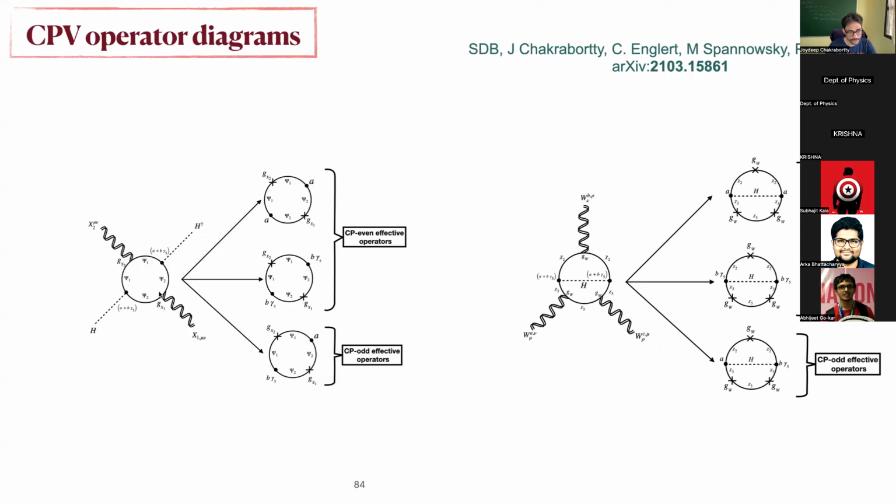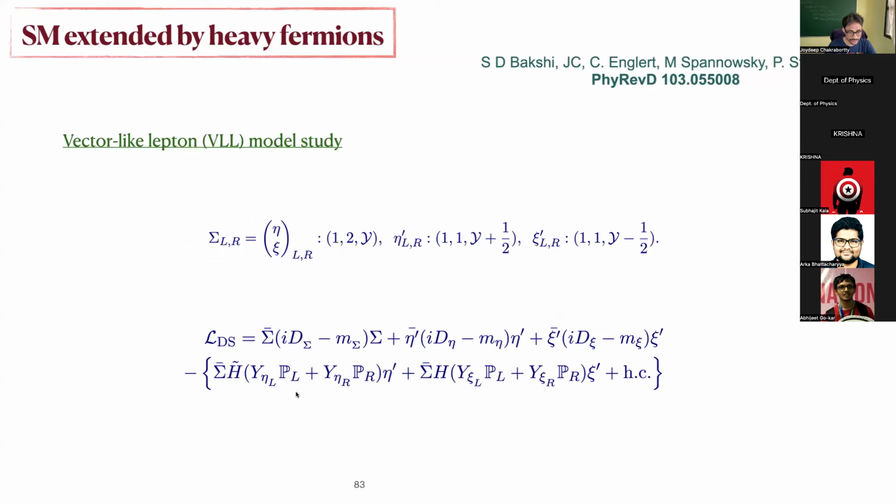Now, if you look carefully, you can decompose this. If you primarily focus on this vertex, you find that the ψ1, ψ2 coupling is basically a + bγ5. And why are a and b not equal? Because your y_ηL is not equal to y_ηR.